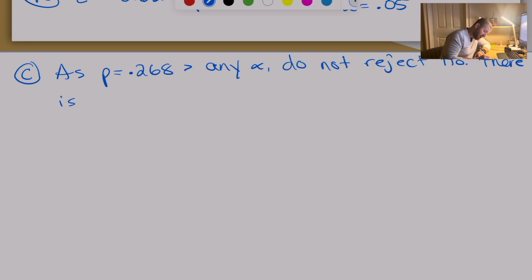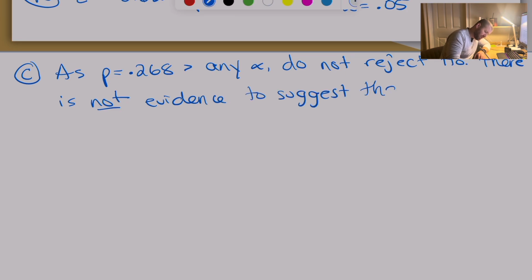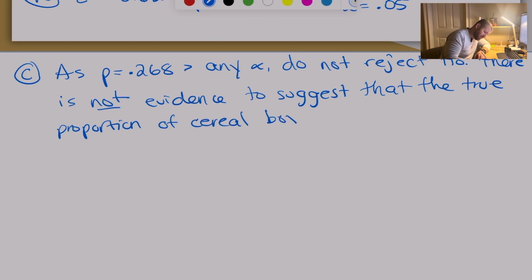There is not evidence to suggest that the true proportion of cereal boxes with vouchers is less than 0.2.